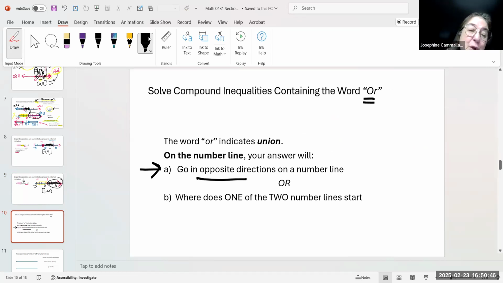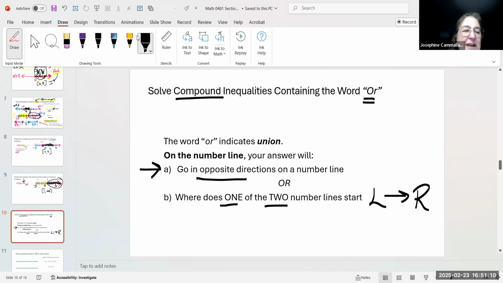And then, where does one of the two number lines start? Which means you're reading for interval notation left to right. B is not going to make too much sense until we do it, okay? Because we're still talking compound.